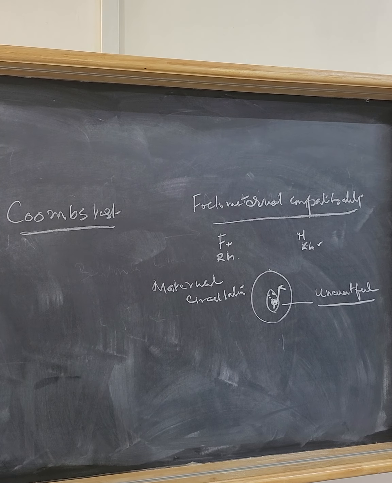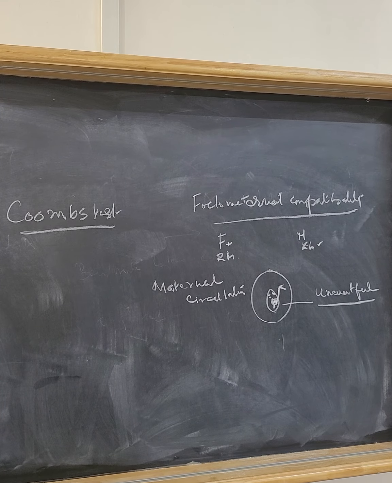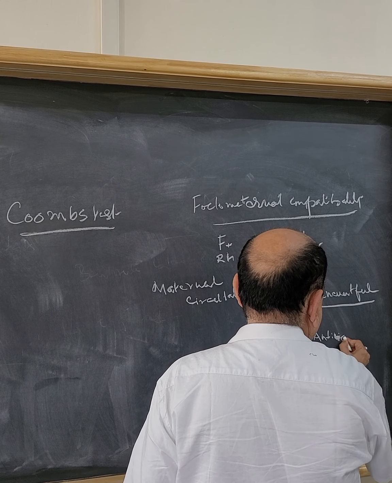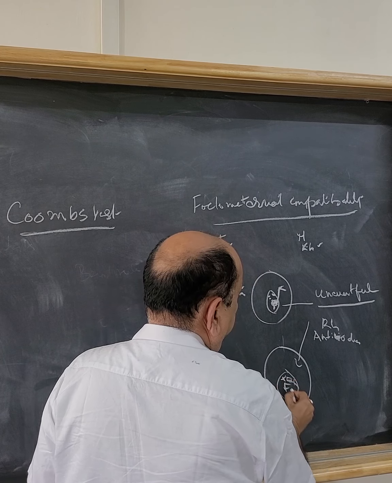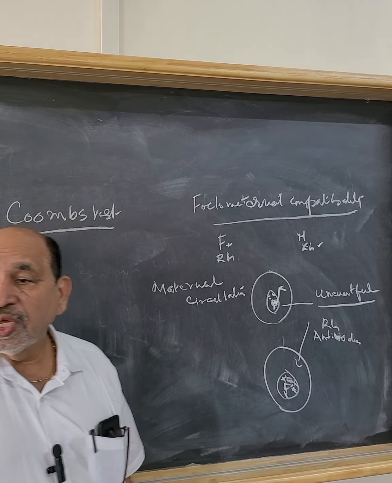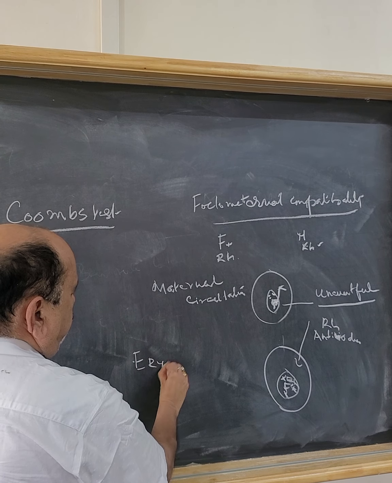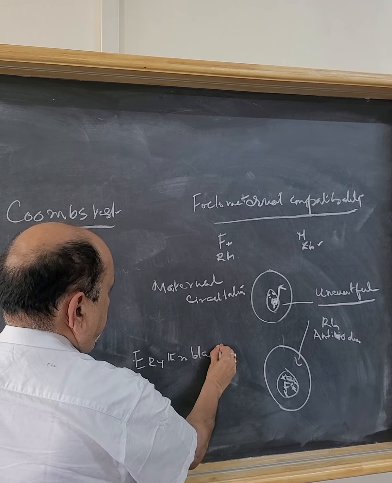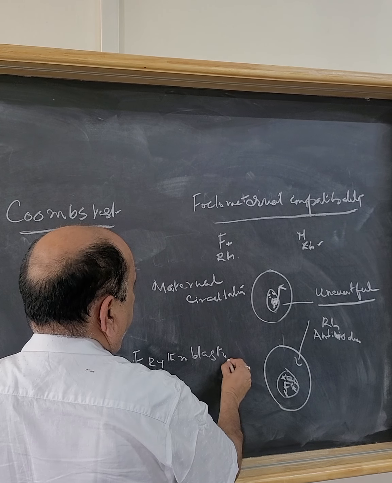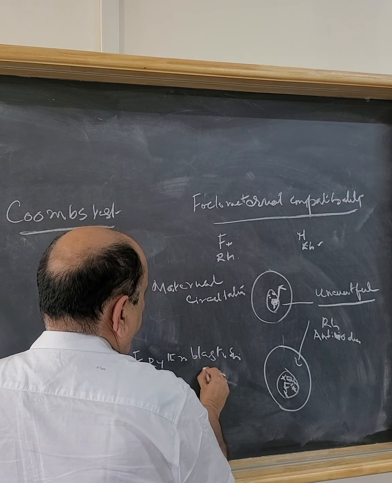When the second pregnancy occurs, if the fetus is again Rh positive, these Rh antibodies come and attack fetal RBCs, giving rise to a condition called erythroblastosis fetalis.